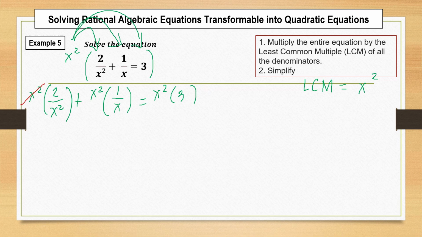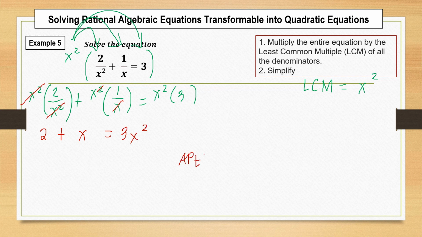So x squared in the numerator and denominator will be cancelled. So 2 will be left plus, here 1x in the numerator and 1 in the denominator will be cancelled. x times 1 will be x is equal to x squared times 3 is equal to 3x squared.